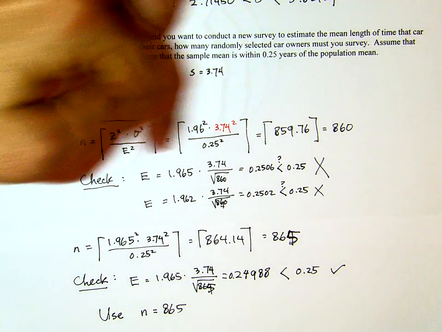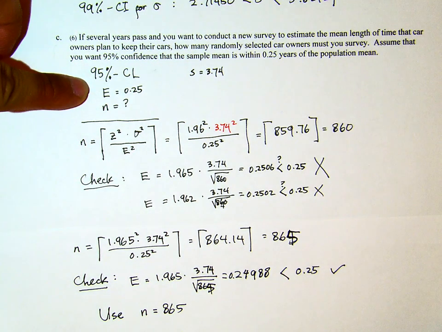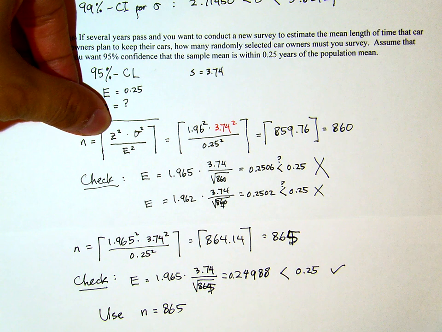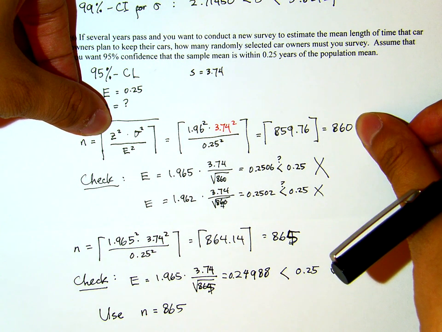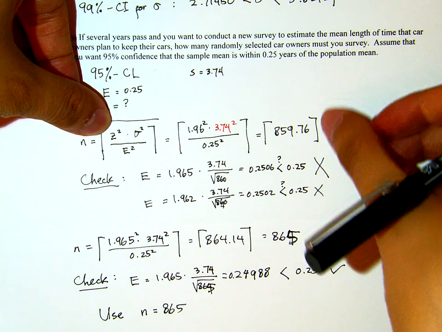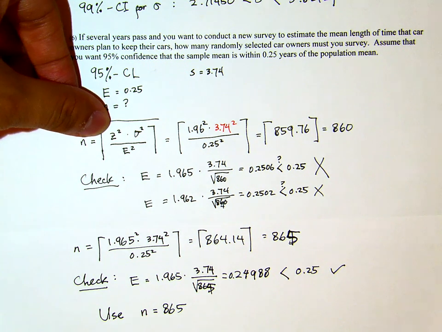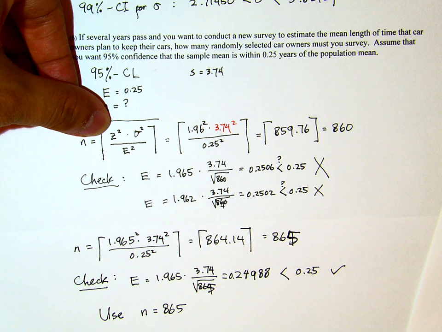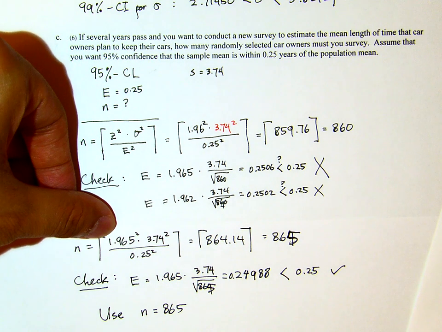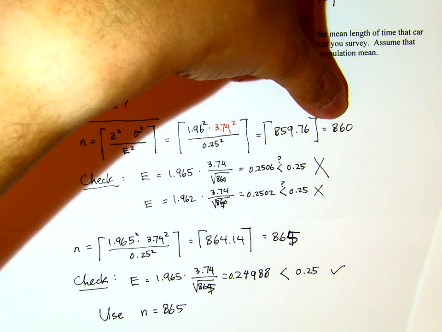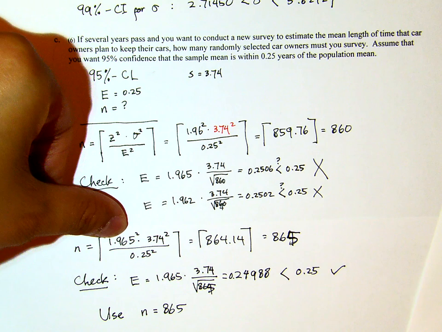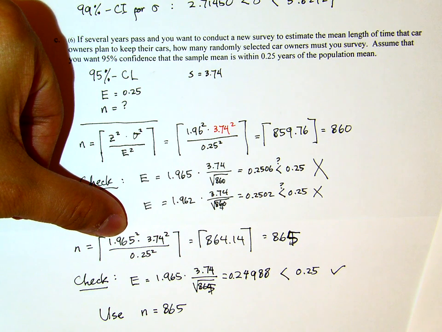We don't have a starting point of n. So we use the normal distribution to approximate the number of data. Then using this 860, I look at my t distribution table to find the critical value, because without the degree of freedom, without the number of data, we cannot get this 1.965 here.